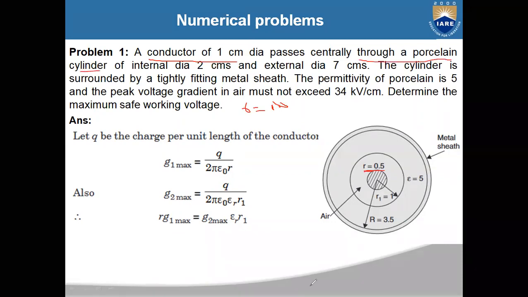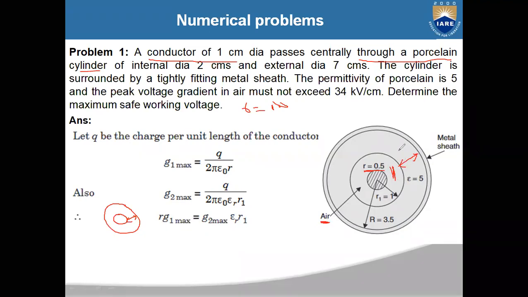So inside your porcelain cylinder, you place the conductor, and between the porcelain cylinder and the conductor you will be having only air.